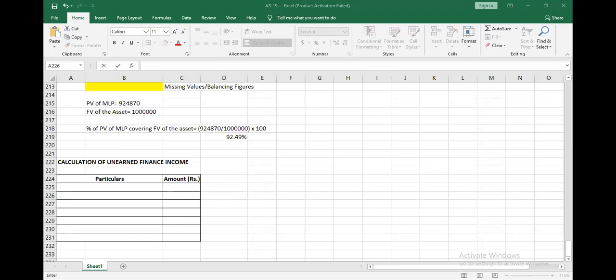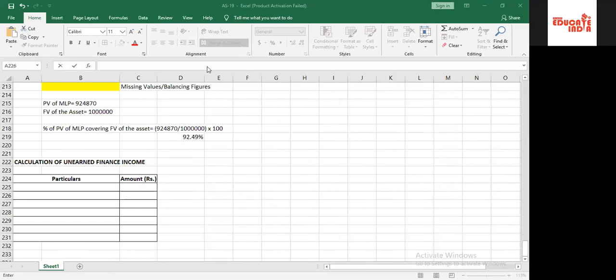Can you tell me the lease rent agreed per annum?